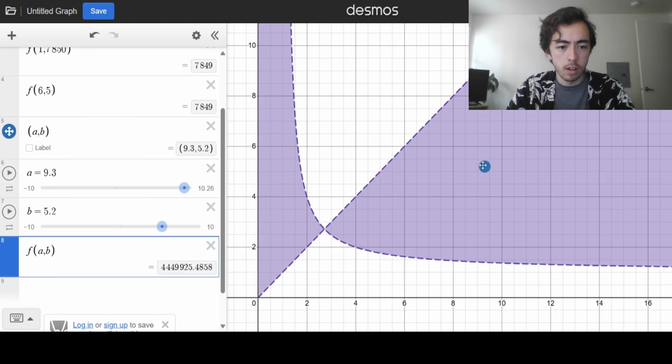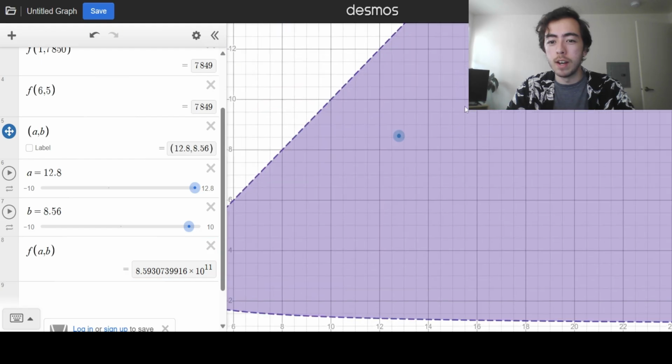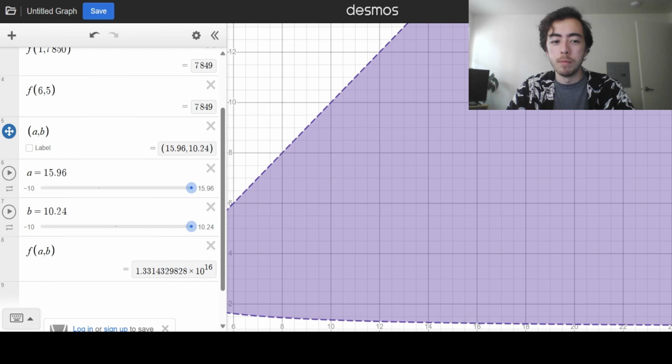Looks like it also decreases as I move down. So it looks like it increases as I go up or to the right. Generally, I guess. Maybe there's different behavior somewhere in here. But generally, as I move up and to the right, these numbers get really big. So that's an idea as to why I might not find around 8,000 out here. Though I guess if I move left, maybe I would have some possibilities as I get closer and closer to this line.